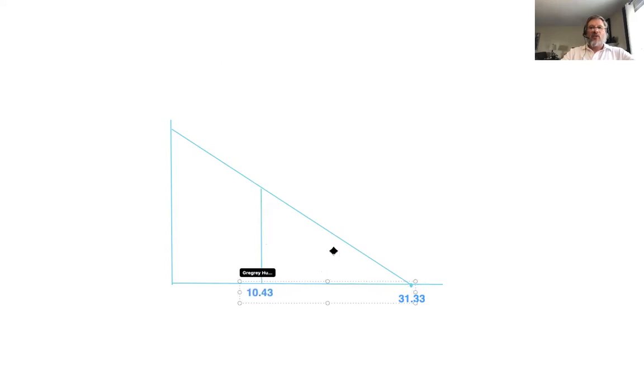And so how would we find the point that's like halfway between these? Well, we could do this. We could say the distance is equal to 31.33 minus 10.43, right?